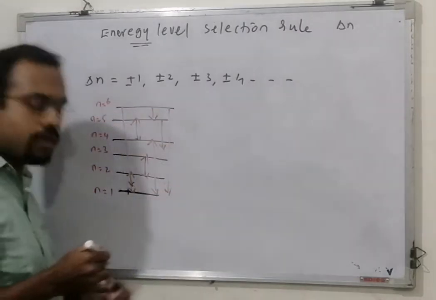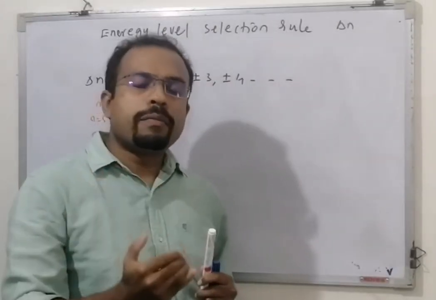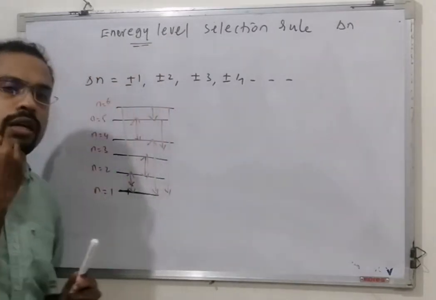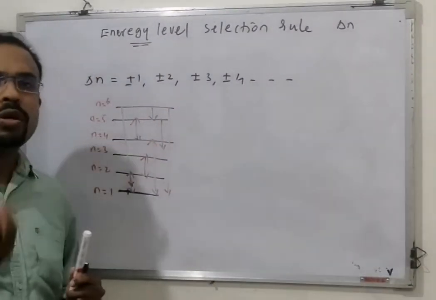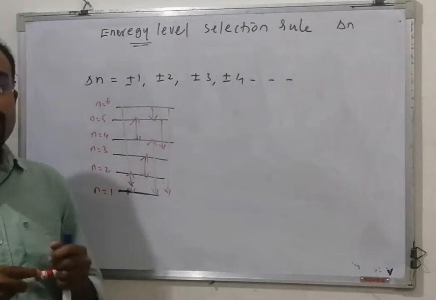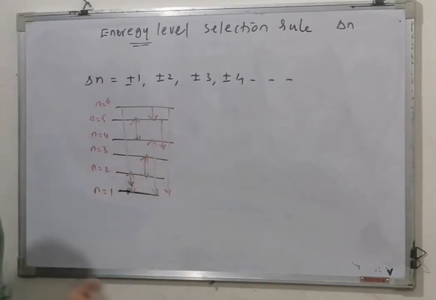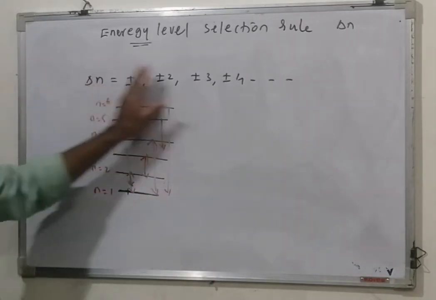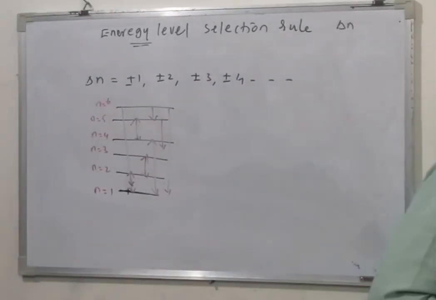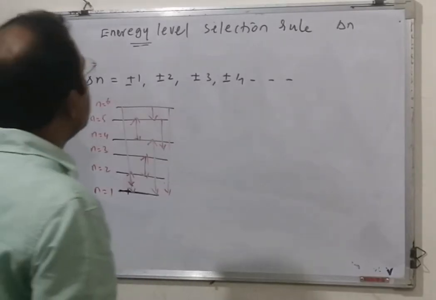That is why you have different spectral series: Lyman, Balmer, Paschen, Brackett, Pfund. You have transitions from n is equal to 1 to 2, 1 to 3, even to infinity. Any electronic level transitions are possible. That is allowed.